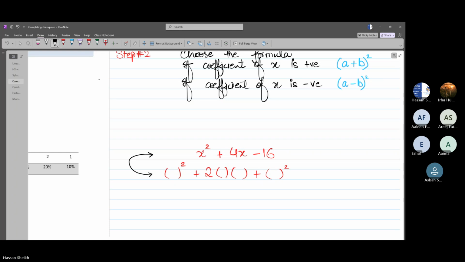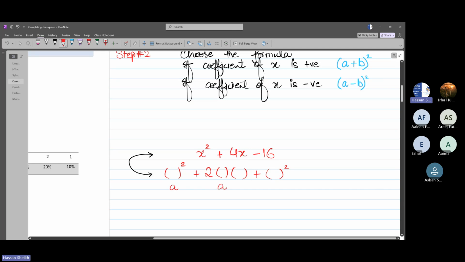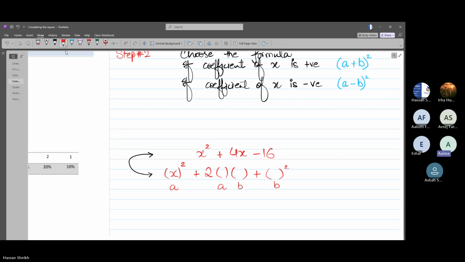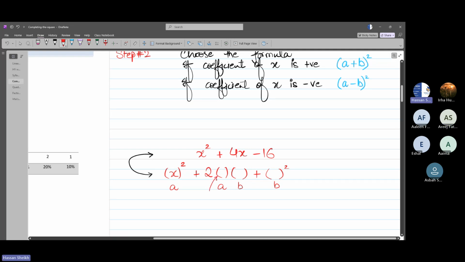Now, do you agree that a is x here in the expression? Yes. And this is the place of a, in 2ab.